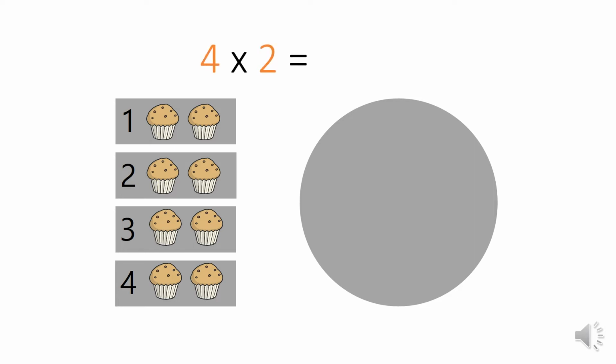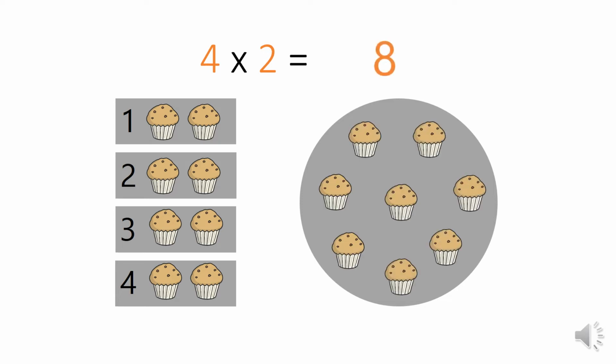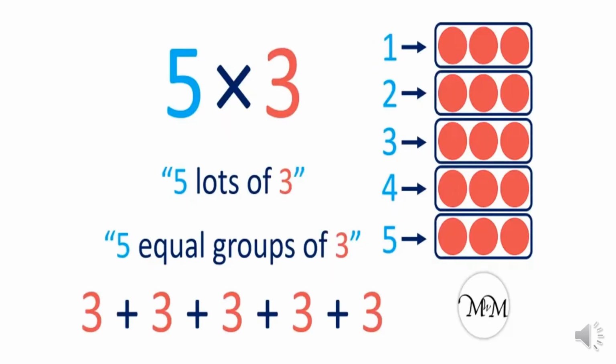Then we can count them in twos to work out the answer. 2, 4, 6, 8. 4 times 2 equals 8. Just like this picture over here, instead of groups of 2s, they're groups of 3s. 5 groups of 3. 5 lots of 3. 3 plus 3 plus 3 plus 3 plus 3 equals 15.